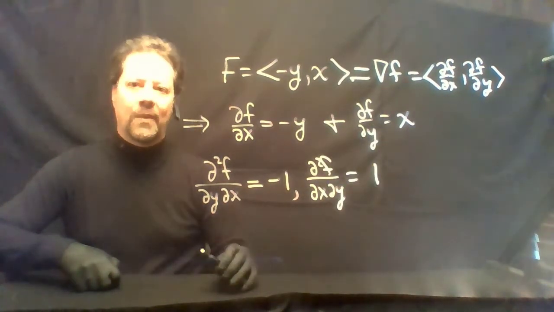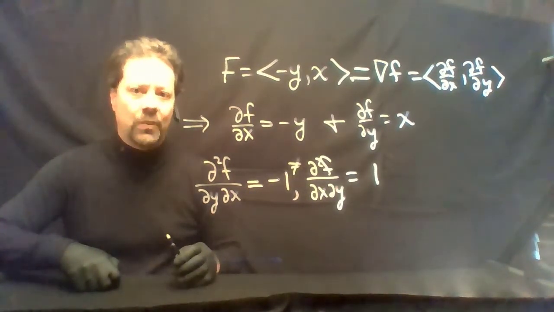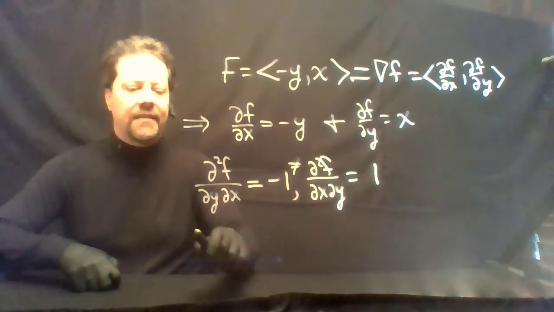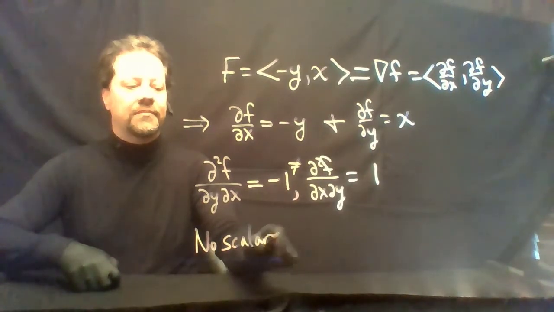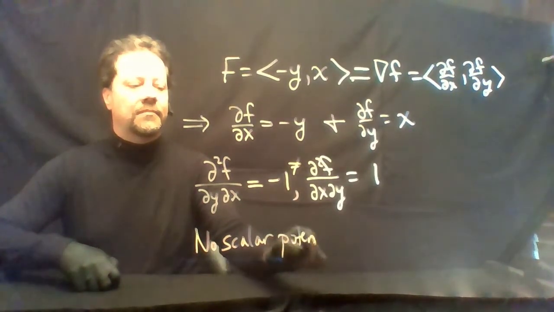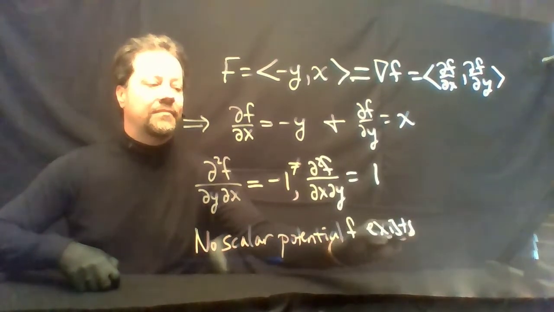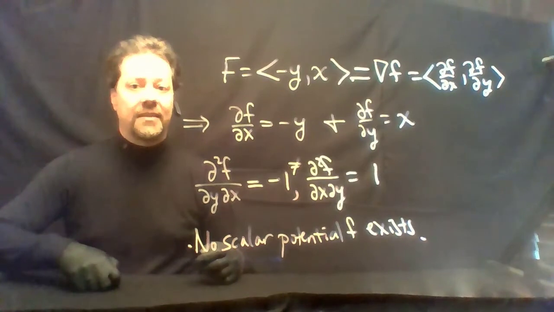That gives 1. These partial derivatives are not equal, contradicting Clairaut's theorem. We deduce then that no scalar potential f exists, and that means this vector field is not conservative.